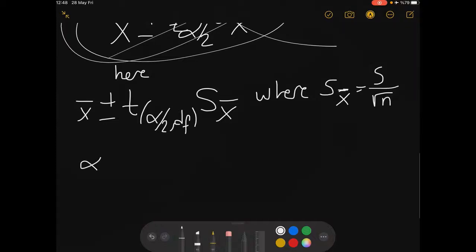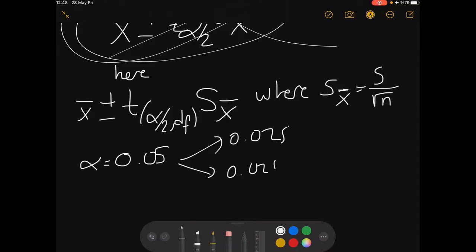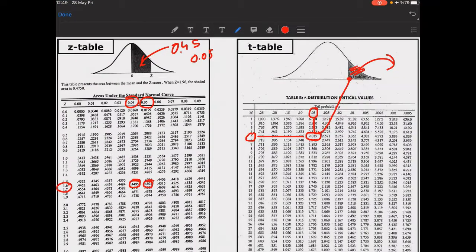And for alpha equals 0.05, your region should be 0.025 on each side, separated like this. And what would be those corresponding threshold values here, plus minus? You take this out for 0.025, for the degree of freedom of 5 again. Go ahead and find the value.